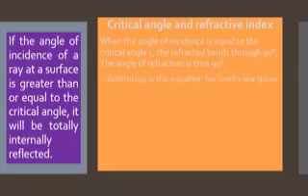Substituting in the equation for Snell's law gives n equals sine i over sine C. Sine 90 degrees is equal to 1. So we have n equals 1 over sine C, or sine C equals 1 over n.